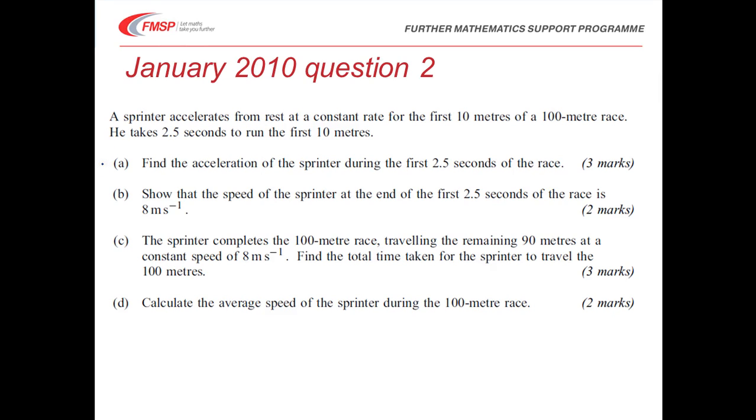We're asked to find the acceleration of the sprinter during the first 2.5 seconds, to show that the speed at the end of that time is 8 metres per second, and we're then told that the sprinter completes the 100-metre race travelling the remaining 90 metres at a constant speed of 8 metres per second. Find the total time taken for the sprinter to travel the 100 metres, and lastly calculate the average speed.